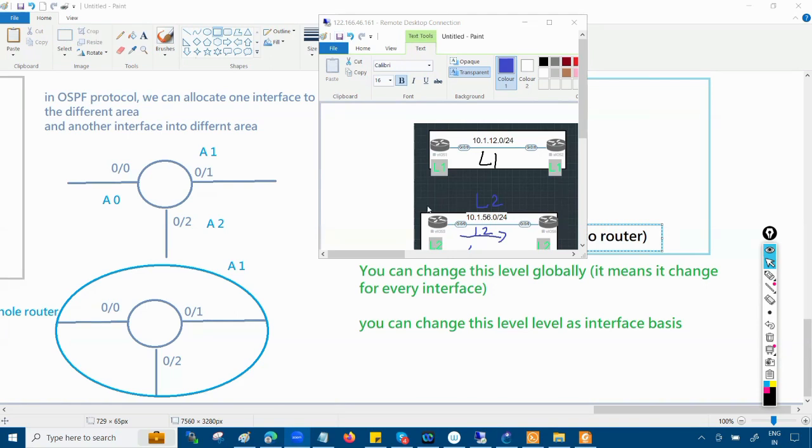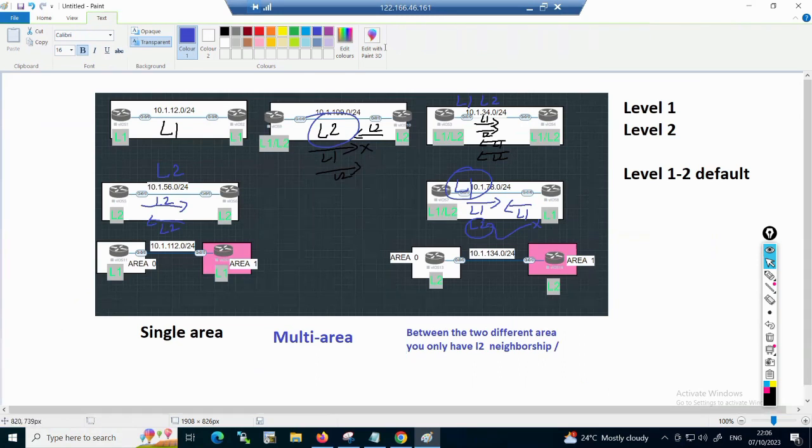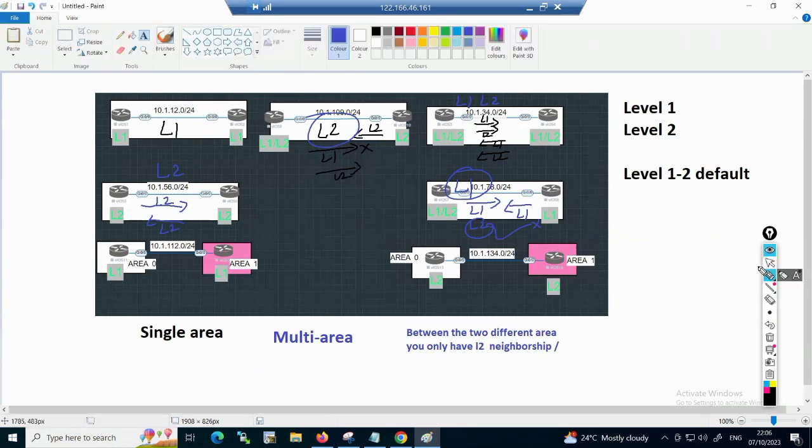So between the two different areas, you only have a Level 2 neighborship. Can you see what I have configured over there? Level 1 for area 0, Level 1 for area number 1, two different areas. I only form Level 2.